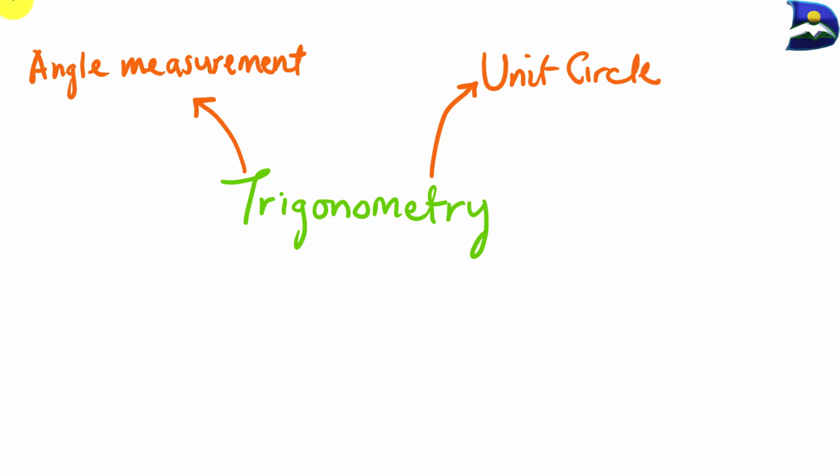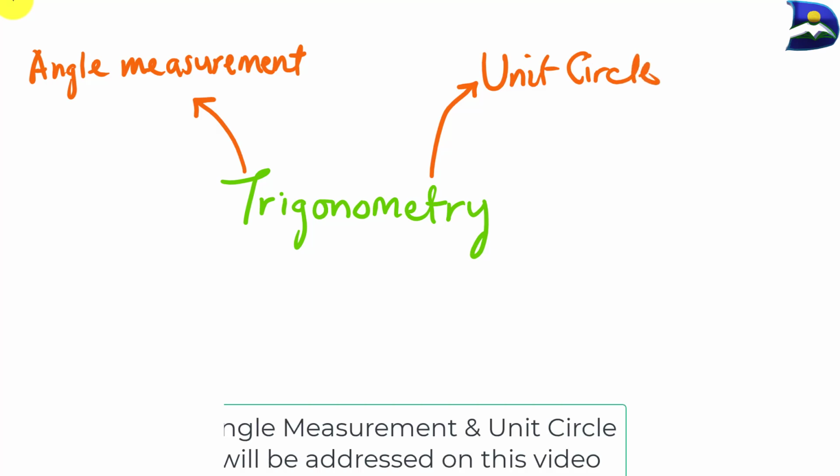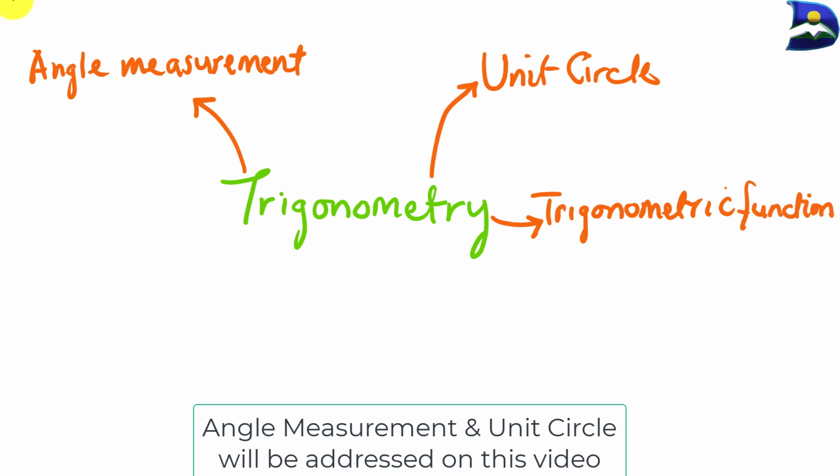And this unit circle understanding will enable us to discover various interesting concepts involving trigonometric functions, and most importantly, how this is going to build on itself to produce identities.